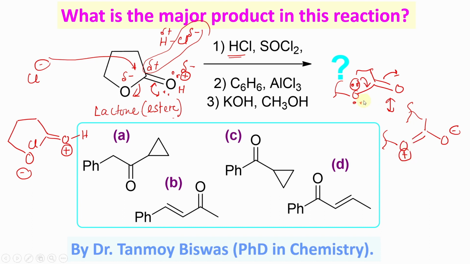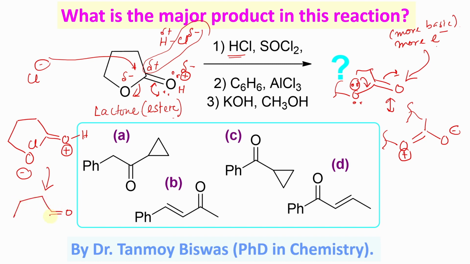So if you take a weighted average of these two canonical forms, you can conclude that this oxygen has more electron density. So if it has more electron density, you can say this is comparatively more basic. So who will abstract the proton initially? Obviously this carbonyl oxygen of the ester. Now this O minus can abstract this proton and ultimately it will result in the same thing.